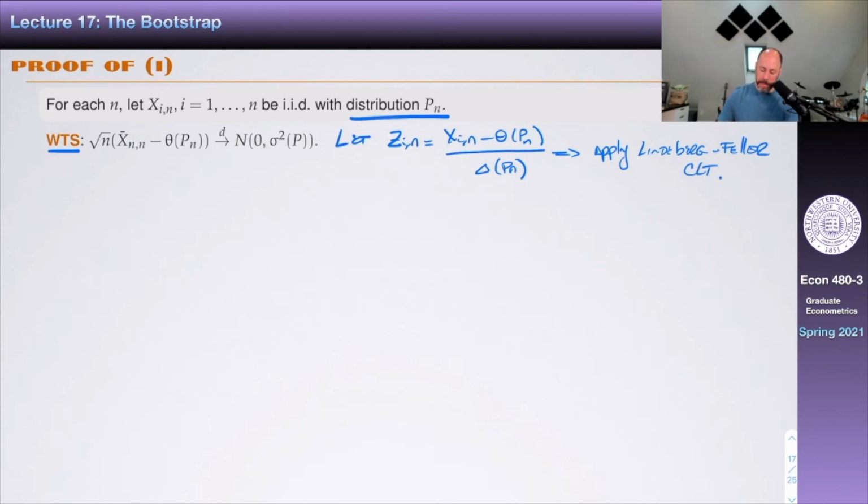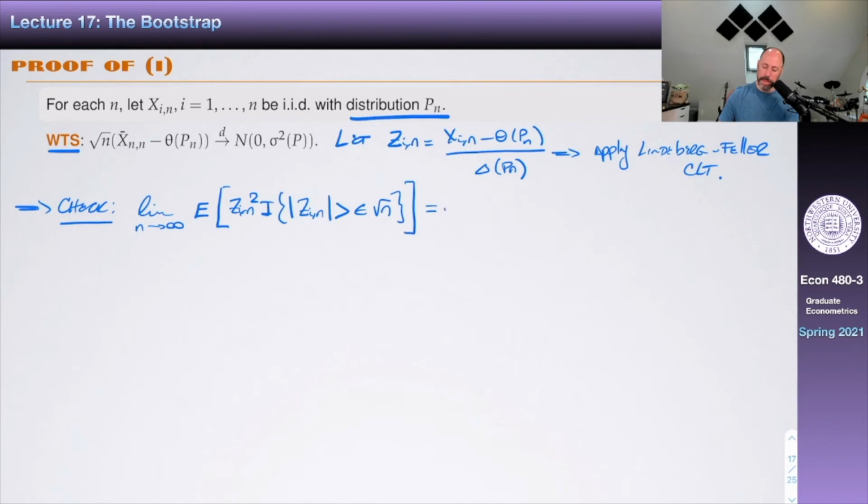So what we need to check is the uniform integrability condition that you need for that theorem. So it's going to be the limit as n goes to infinity of the expected value of Z_in squared times the indicator that the absolute value of Z_in is greater than epsilon times the square root of n. This limit is 0 for any positive epsilon.